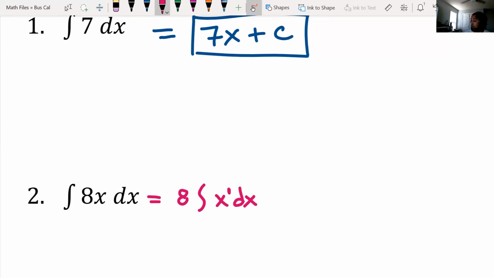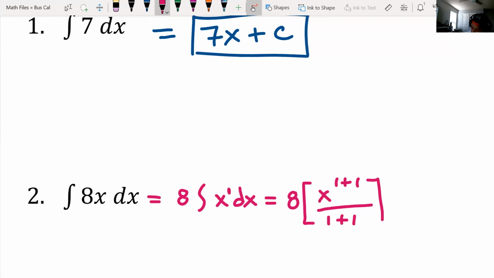So that's x to the first. So this becomes 8 times, and the way the power rule works is you're going to have x to the 1 plus 1 over the same exact thing, 1 plus 1. So we have just used the power rule.